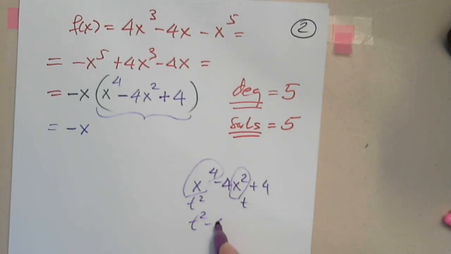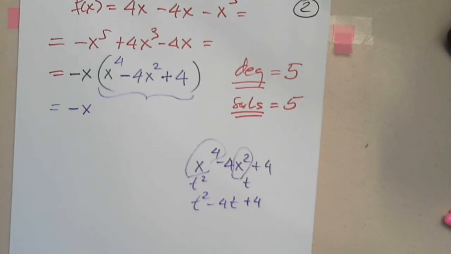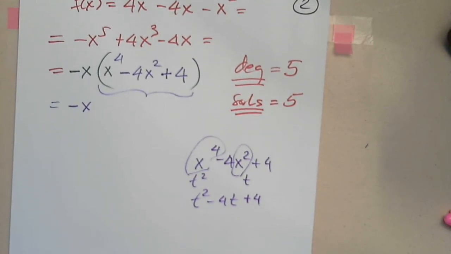And then I have t squared minus 4t plus 4. Can you follow, everyone? Is this okay? Yes. Very good. So then this is very easy to factor. Remember, this is what we did on the first day of classes. So this is t minus 2 everything squared.